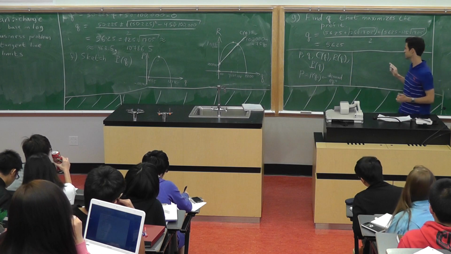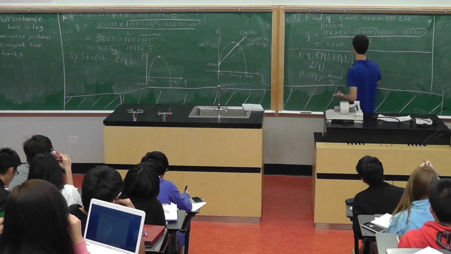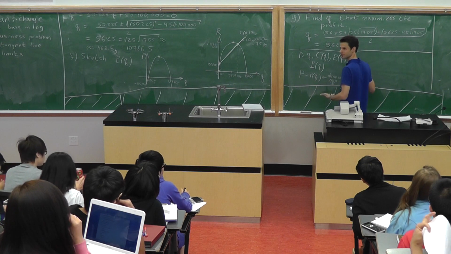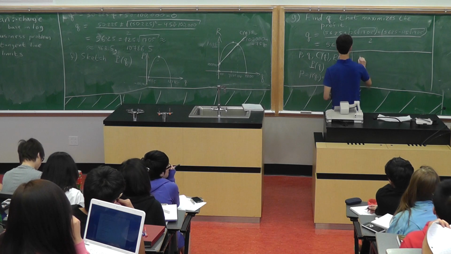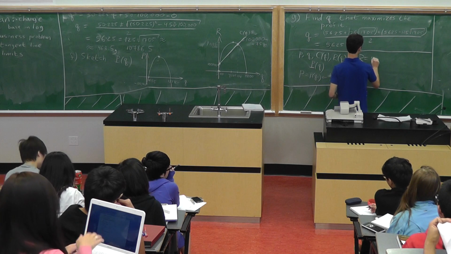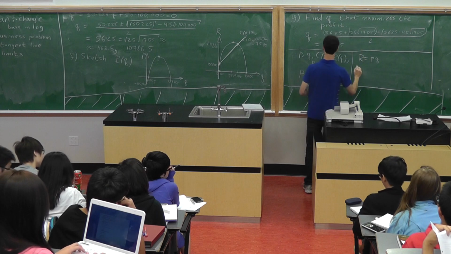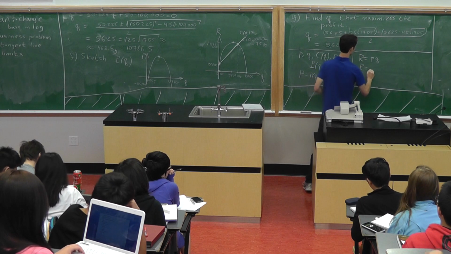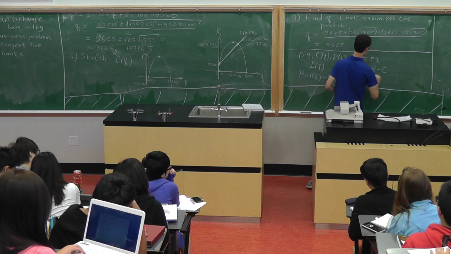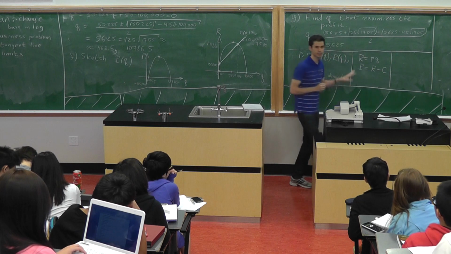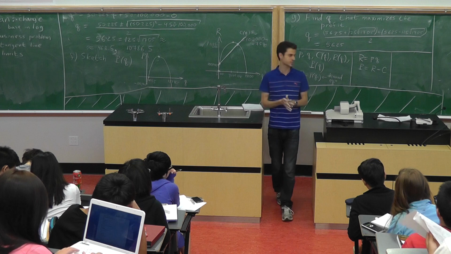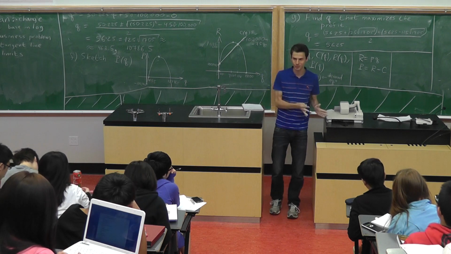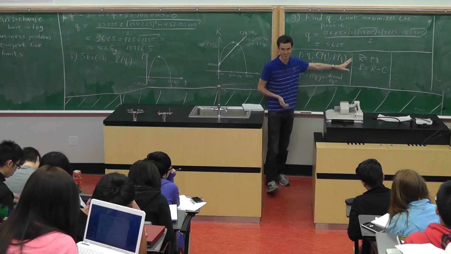And also you should understand some pretty simple things, but it's better if you both remember them and understand them. So one of them is revenue is price times quantity. Another one is profit is revenue minus cost. So very simple equations, they make perfect sense, but you should know them. You should understand them.